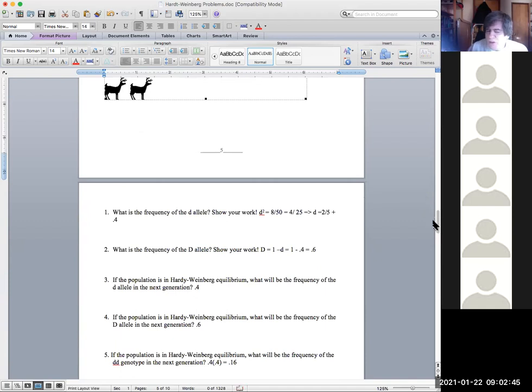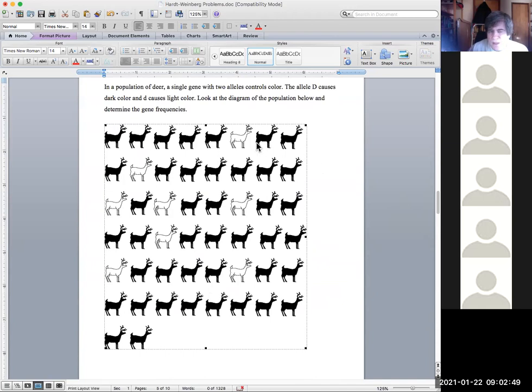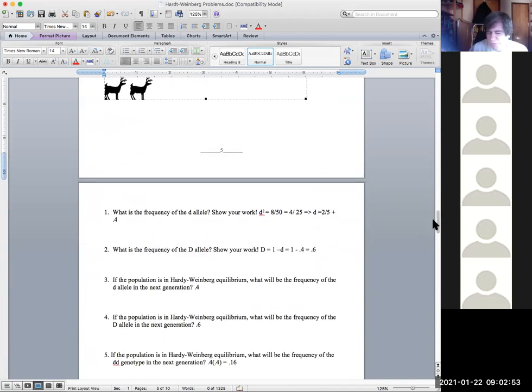So what's the frequency of the little d allele? When I looked at the population, I counted 8 light-colored deer out of 50 total. If we take 8 over 50 and reduce that fraction, that's 4 over 25. Notice that's the frequency of little d squared, because that's deer that show the light phenotype.